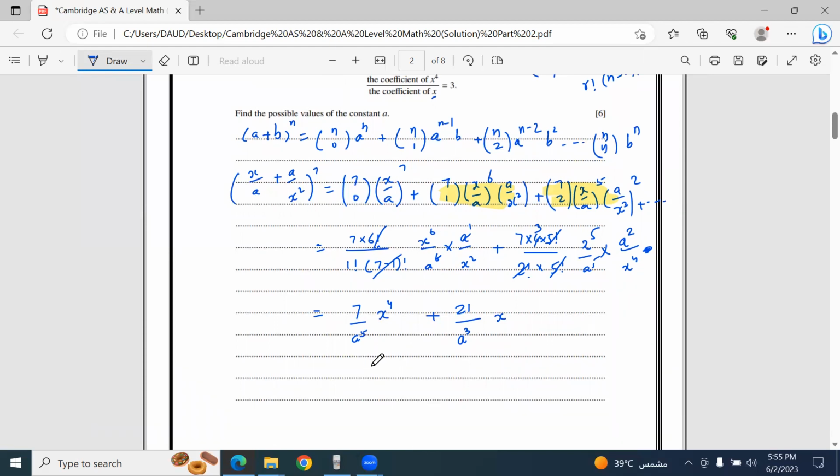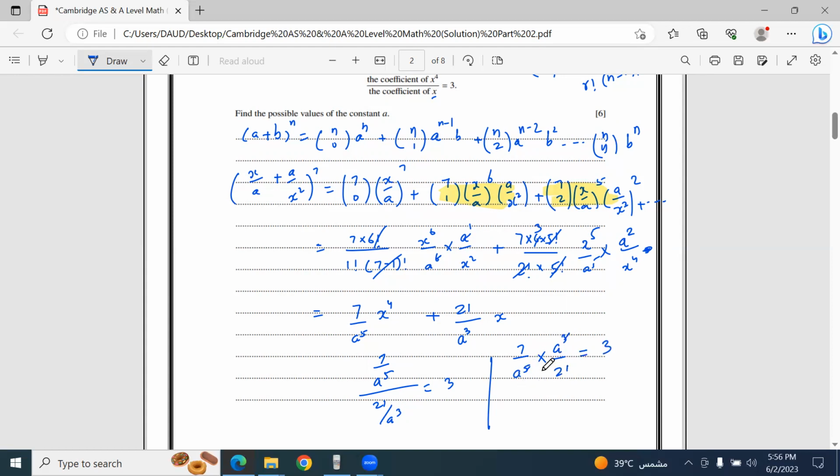So the coefficient of x^4, which is 7 over a^5, over the coefficient of x, which is 21 over a^3, is equal to 3. Next step, 7 over a^5 multiplied by a^3 over 21 is equal to 3.